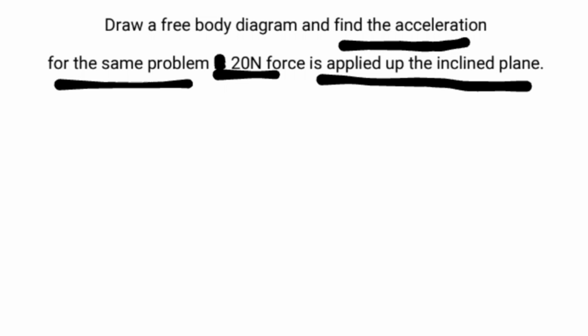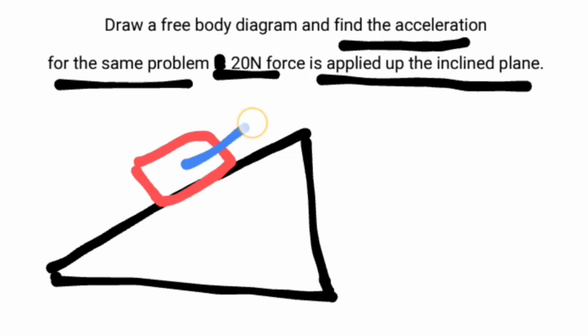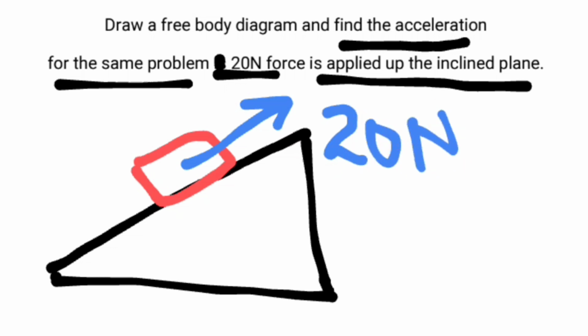All the initial givens are the same, okay? The mass is 2 kilograms, but there is an extra thing, and that is the applied force, 20 Newton. We applied 20 Newton force up the inclined plane, so we are pulling the object upward.